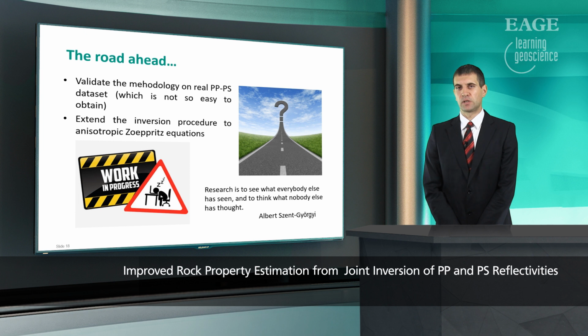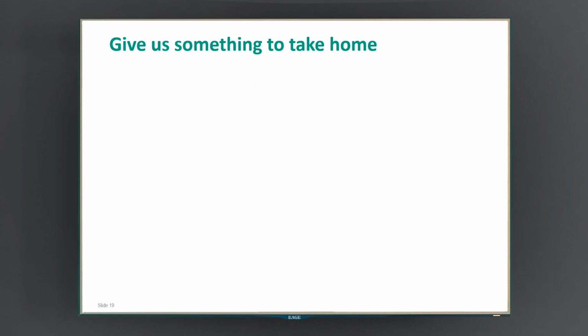Most importantly, the methodology should be tested on real P2P, P2S dataset. It would also be very interesting to see if this inversion procedure could be extended to take into account real-world phenomena, such as anisotropy. There are two main takeaways of this presentation.